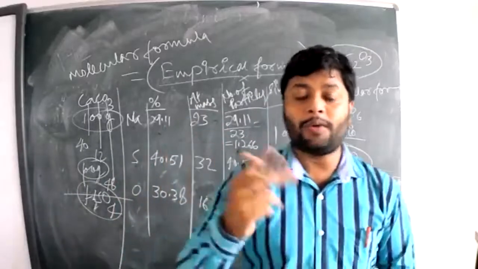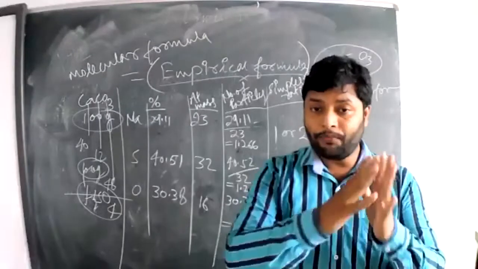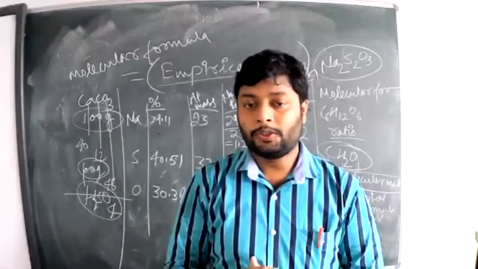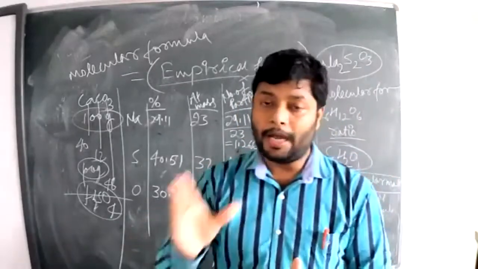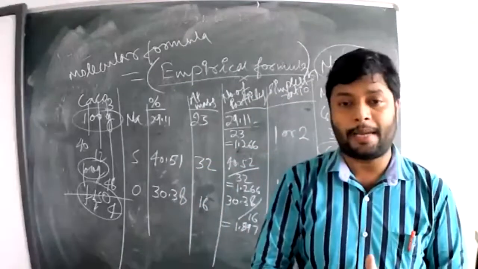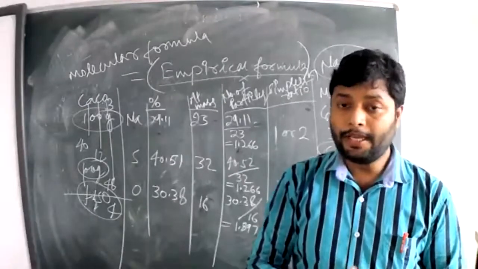So the upcoming 2 or 3 lectures will constitute the different numerical concepts of the same chapter. So first go and revise all the concepts of the chapter, and then we'll attend the numerical portion of the same chapter. Okay, thank you.